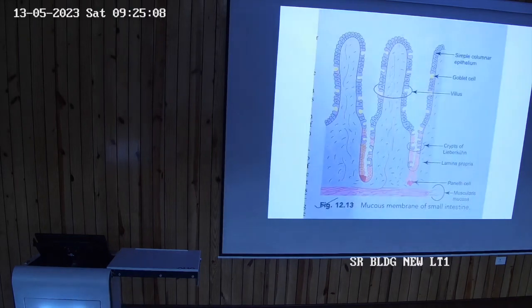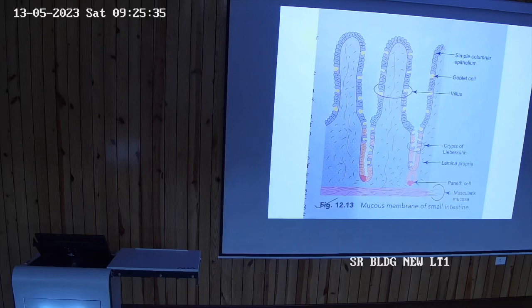Now look, when we see the section of jejunum, in jejunum and ileum, everywhere you will find the villi. Now what is in the villi? Each villus consists of columnar cells. Lying between the columnar cells, these are the goblet cells.